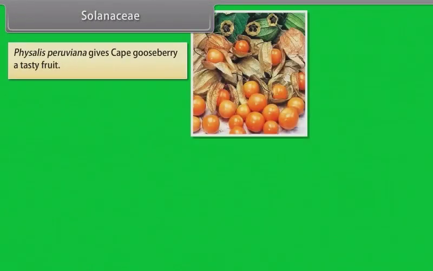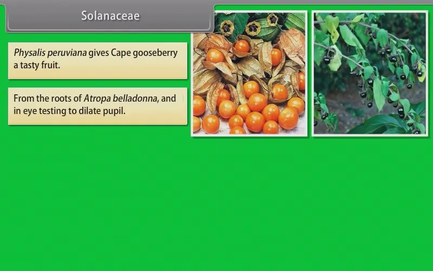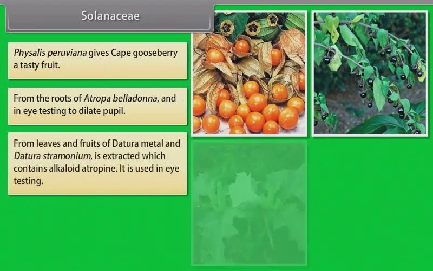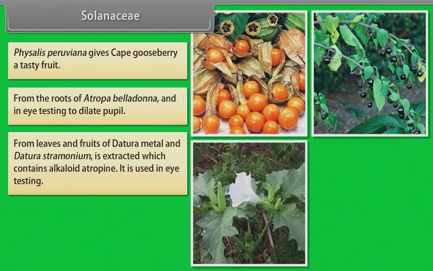Physalis peruviana gives Cape gooseberry, a tasty fruit. From the roots of Atropa belladonna, atropine is extracted, used in eye testing to dilate the pupil. From leaves and fruits of Datura metel and Datura stramonium, the alkaloid atropine is extracted. It is used in eye testing.